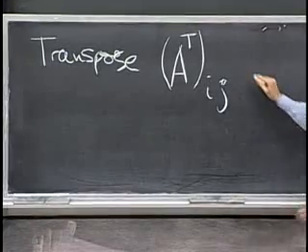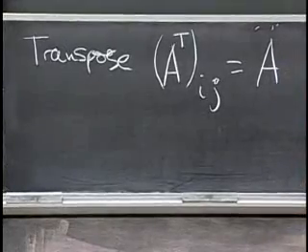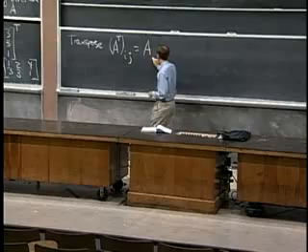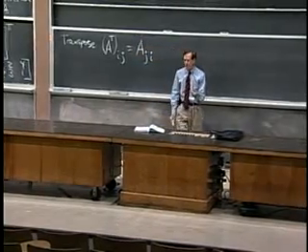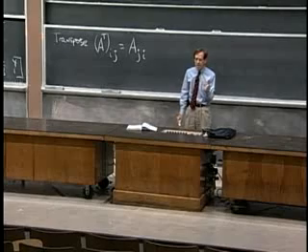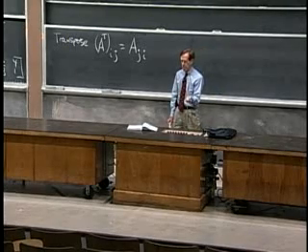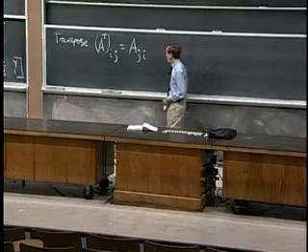And actually, it was the number in A which was in row J, column I. So the row and column numbers just get reversed. The row number becomes the column number becomes the row number. No problem.